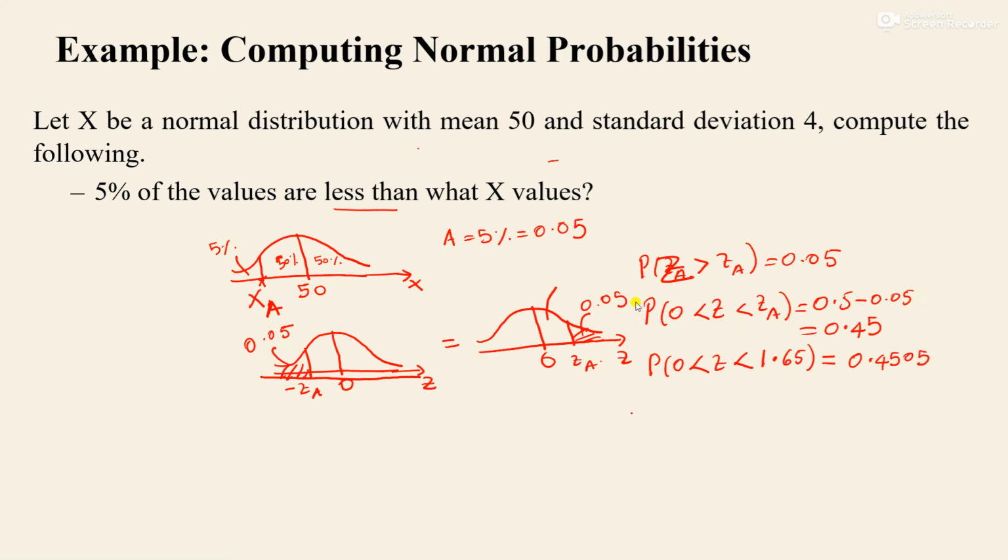By using these two things, this is also approximately 0.45. So from this we can say that the probability of 0 less than Z less than Z A is equal to the probability of 0 less than Z less than 1.65.